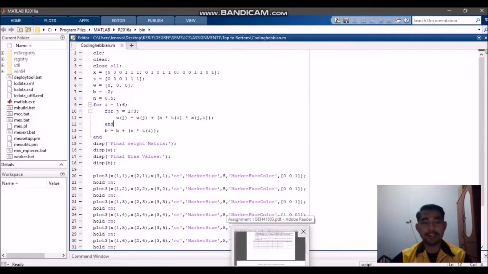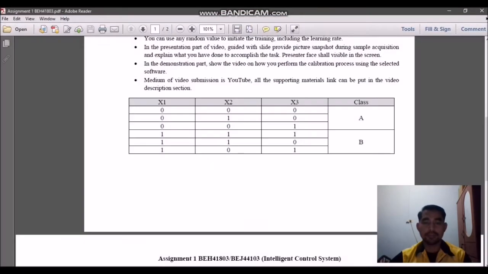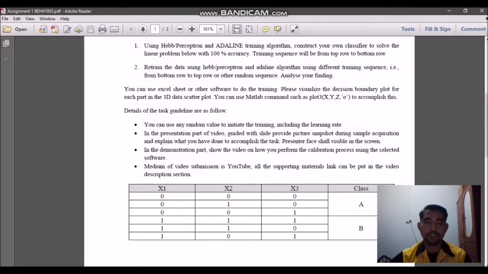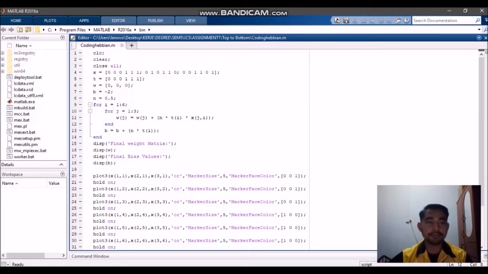So let me introduce my part, that is Hebbian coding using the MATLAB simulation R2016A. So why did I use MATLAB? Because we need to visualize the decision boundary plot for each part in a 3D data scatter plot. This means we have three inputs here, that are x1, x2, and x3, and this is the data for x1, this is the data for x2, and the third one is the data of x3.